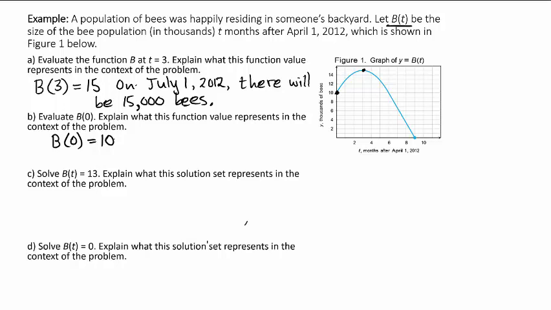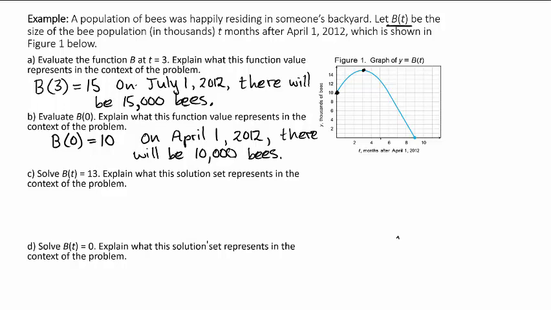I would say on April 1st, 2012, right? Because the x-axis represents the number of months after April 1st, 2012. So April 1st represents t equals 0. There will be 10,000 bees.